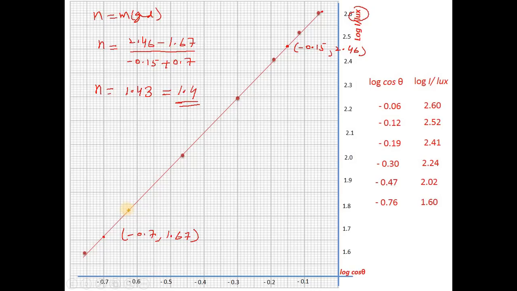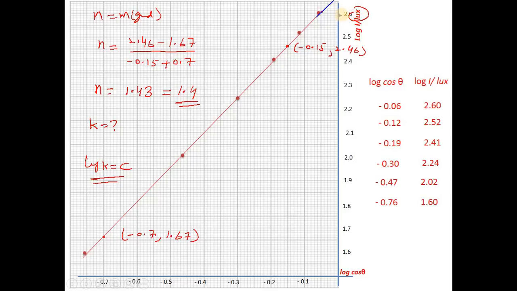Second thing, we need to find the value of k, and you know that log of k is the y-intercept. So first you need to figure out the y-intercept. In my graph, I did not have space, but if you need to find the y-intercept, you need to extend your best fit line in a backward direction. If you do that in your notebook, it will give you some value of y-intercept somewhere after 2.6.